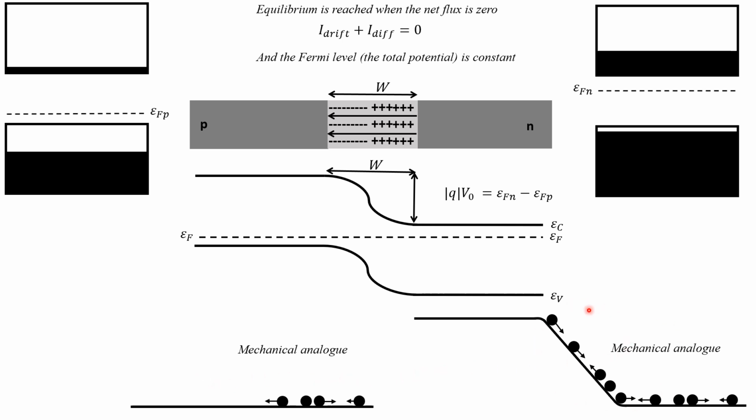In this case here, now we have a diffusion of balls from this side to this side, but we also have drift of balls from the top to the bottom due to the gravitational energy difference. In other words, gravity pulls the balls back. And the flux upwards due to the diffusion is compensated by the flux downwards due to gravity, in such a way that the net flux is zero.